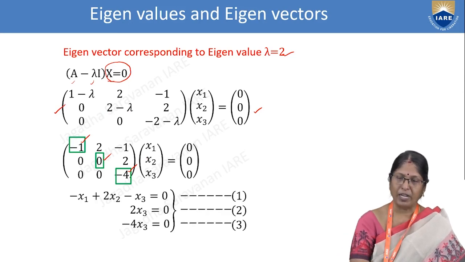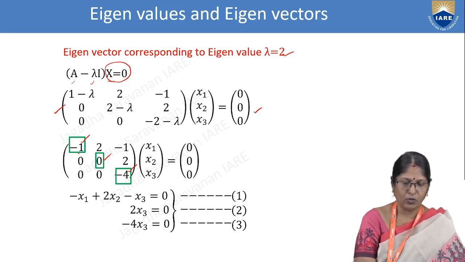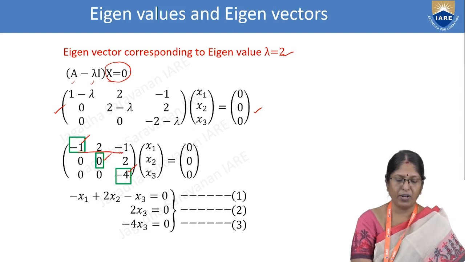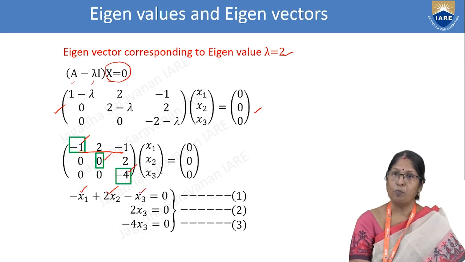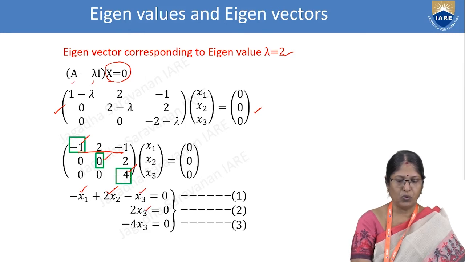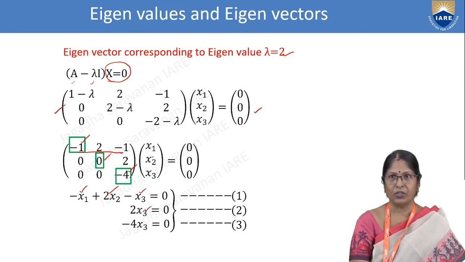Yes. Now we have to take the multiplication. The first matrix, row, we will concentrate; second matrix, column. -1 into x1, minus x1. 2 into x1 plus 2x2. -1 into x3, minus x3. Next, 2 into, here, 0, 0, so x1, x2 is not there.